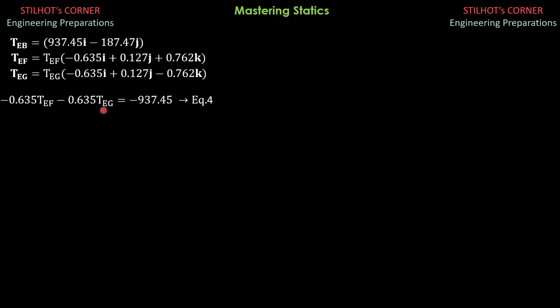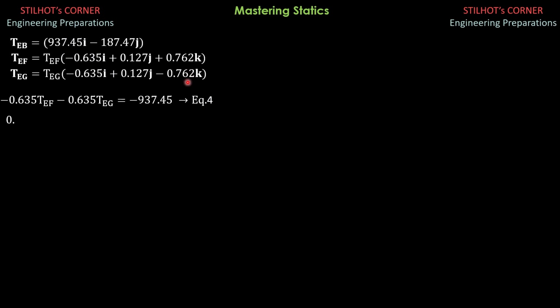Now, if we equate the Y component, the equation would be the same because we have 0.127, 0.127, and we equate it supposedly to negative 187.47. The two equations will have same coefficients, so therefore it is an inconsistent equation, so there will be no solution, or multiple solutions rather, except that we have to consider the Z component, so equal 0, because this tension EB has no Z component.